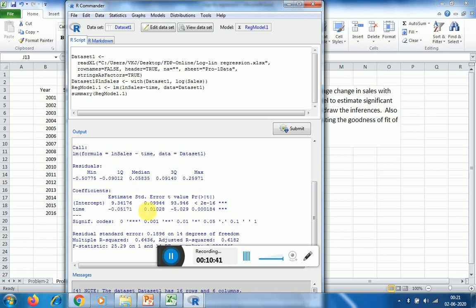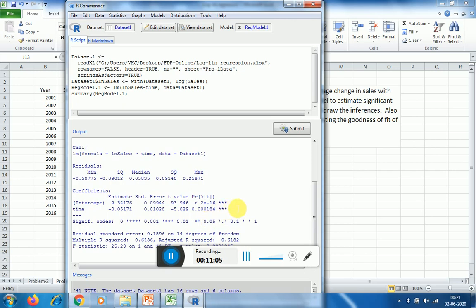You can see that the intercept value is 9.34176, corresponding to this t value and p value. P value is significant at 1% level of significance. Time coefficient is minus 0.050171, and it is also significant because p value is less than 0.01.